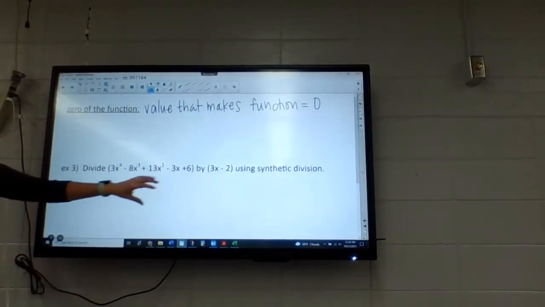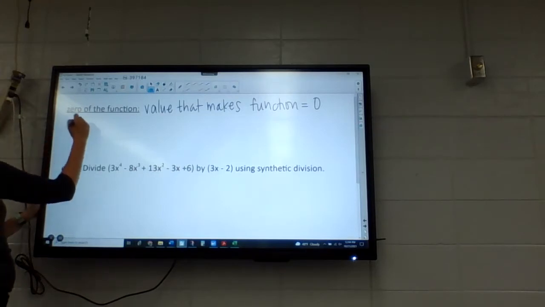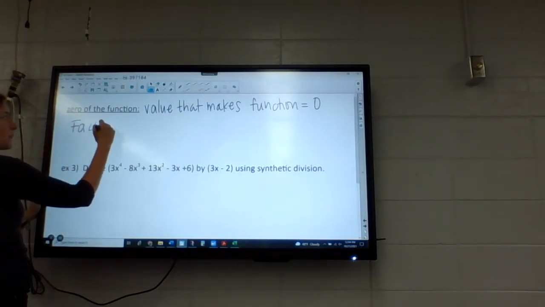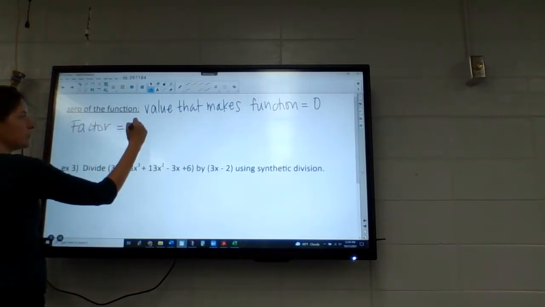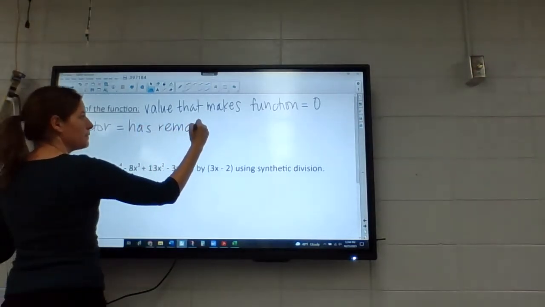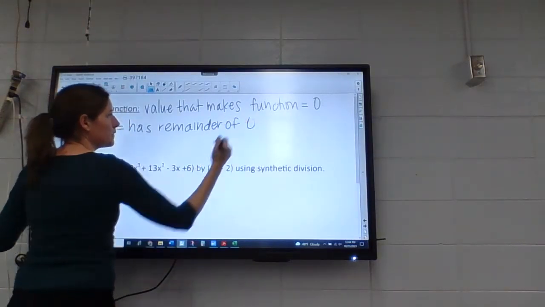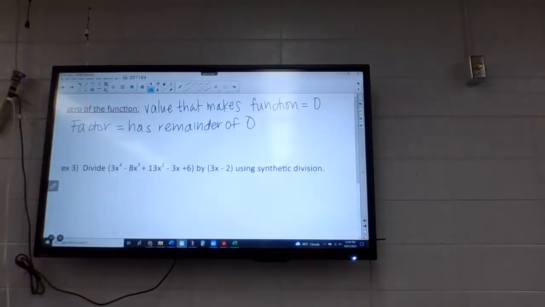So if a factor has a remainder of 0, that factor, when it equals 0, is going to be one of my zeros of the function.